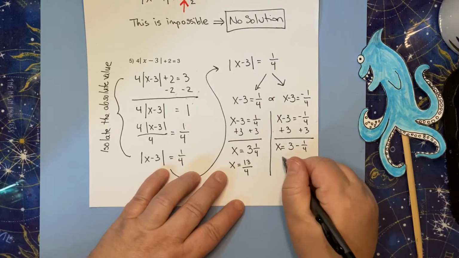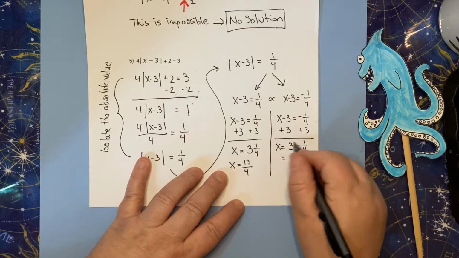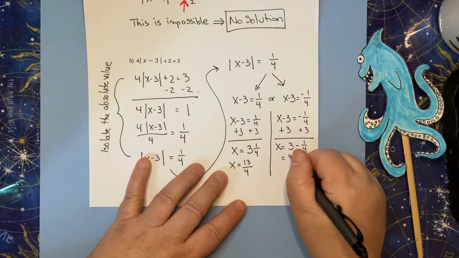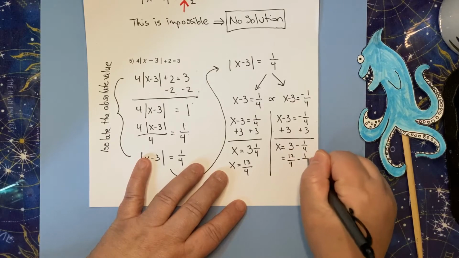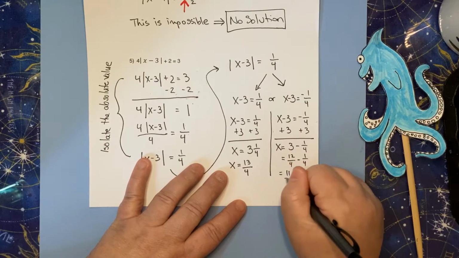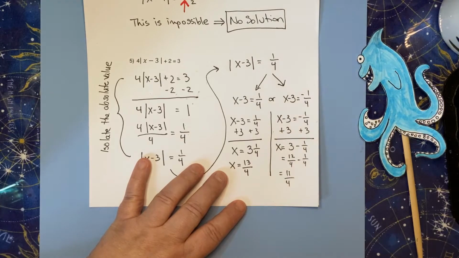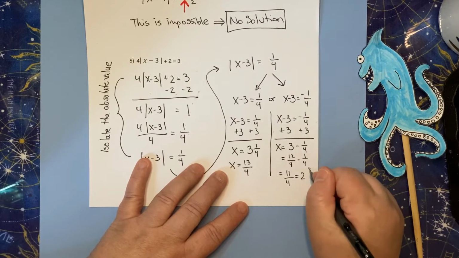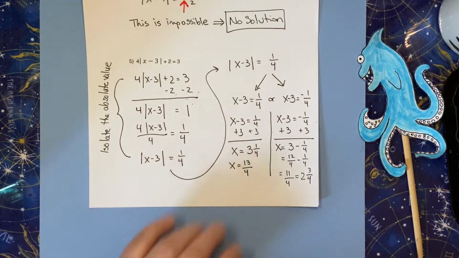But if you don't, we're going to have to come up with a clever way to deal with this. I'm going to write 3 as 12/4 minus 1/4 is 11/4. Now, I happen to also know that equals 2 3/4. So you can write it as a mixed number.